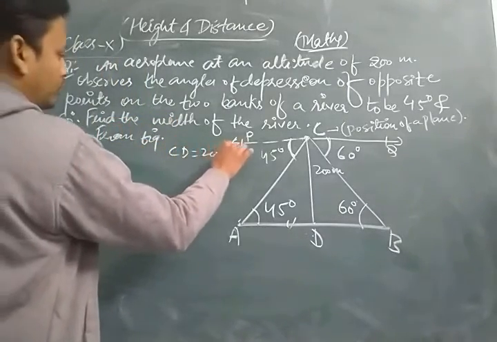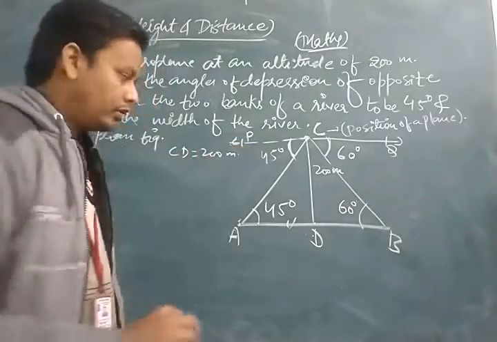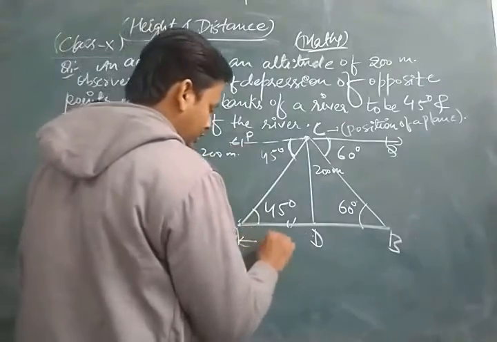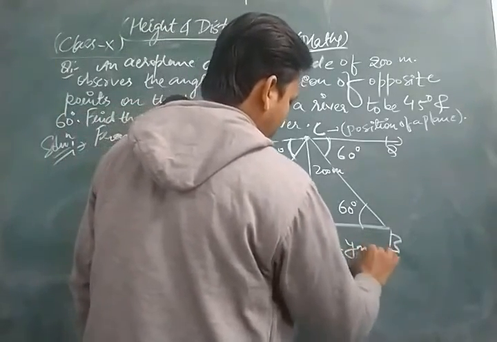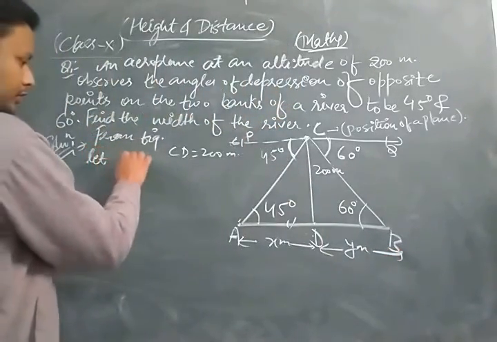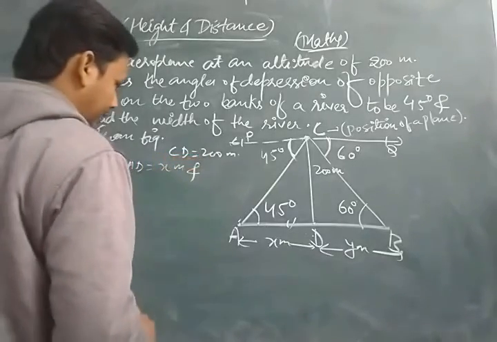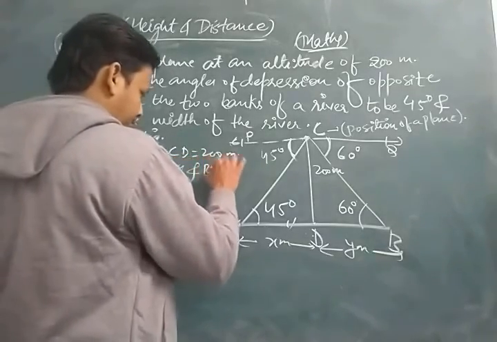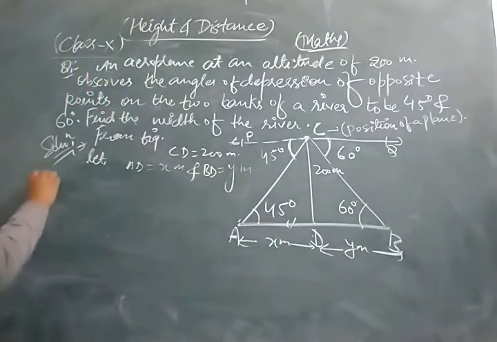So from the figure, dear friends, CD is equal to 200 meters and AB is the width of the river. So first of all we take AD as x meters and BD as y meters.